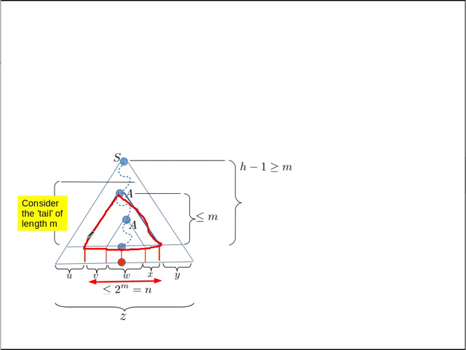And at the last part, a variable is just converted into terminals, so the coordinate digit doesn't change. The yield of this part is just the concatenation of v w x. So the length of this is bounded by 2 to the m, which is n. So this was the remaining part, and now we are done with the lemma.